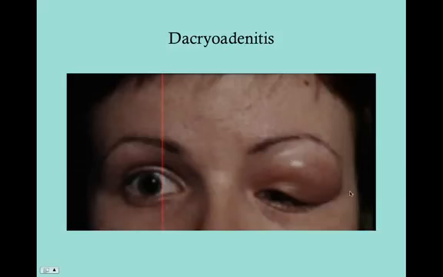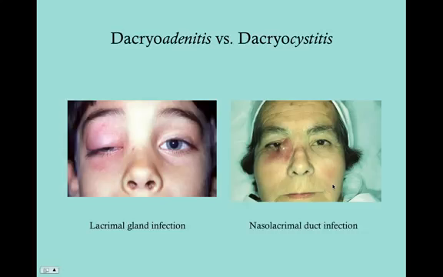Here's another case of obvious dacryoadenitis. So hopefully you can see the difference here. Dacryoadenitis is a lacrimal gland infection, very uncommon. Dacryocystitis is an infection of the nasolacrimal duct, much more common. And this is on the medial aspect of the eye.